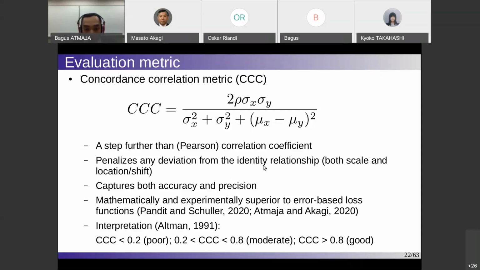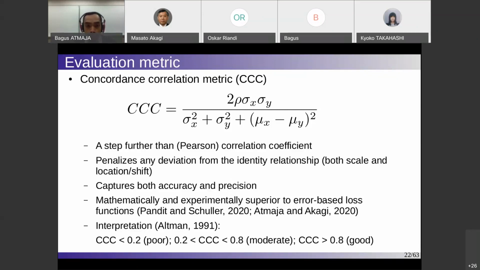And for interpretation, Altman in 1991 suggested that if the score is less than 0.2, it is poor. If it is between 0.2 and 0.8, it is moderate, and if it is larger than 0.8, it is good.